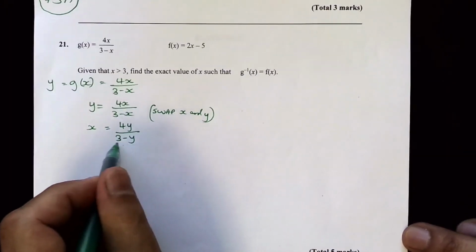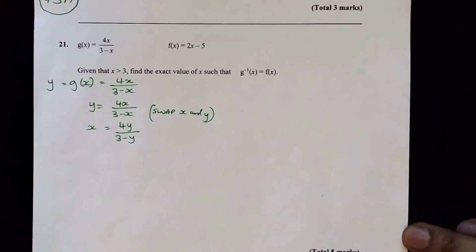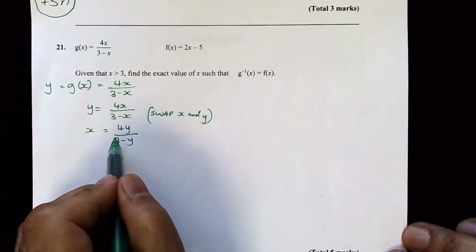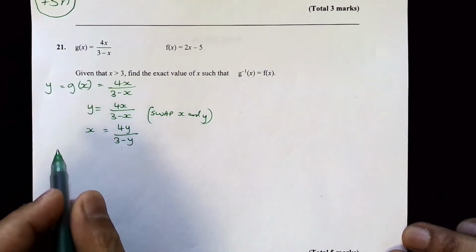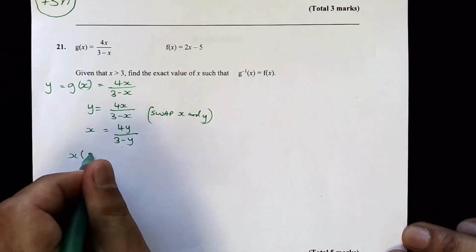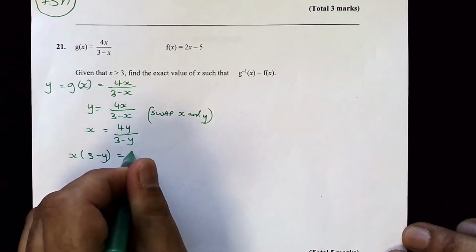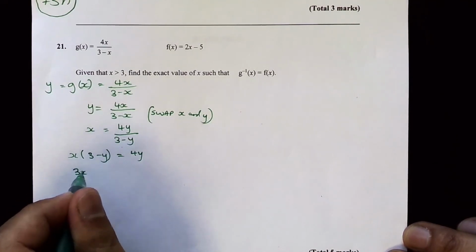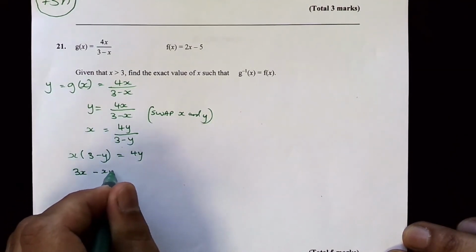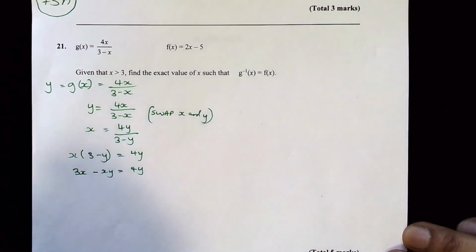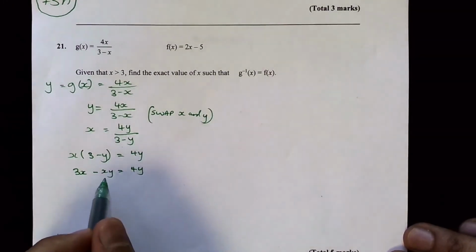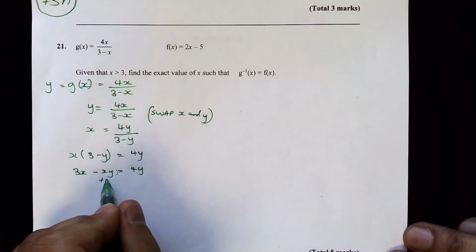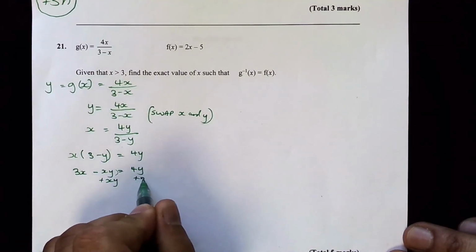Next step, I now need to rearrange this to make y the subject again. So first step, bring the 3 minus y to this side, so that becomes x bracket 3 minus y equals 4y. Expand the bracket, 3x minus xy equals 4y. Collect all the y terms together, so that's plus xy on both sides.